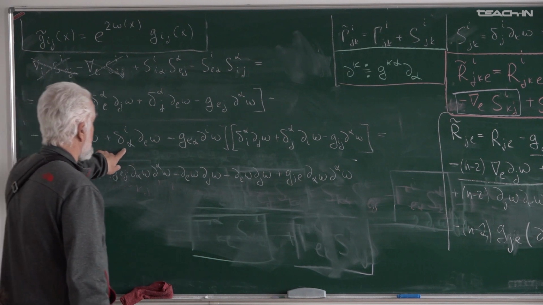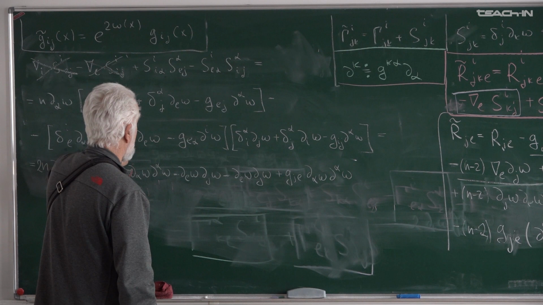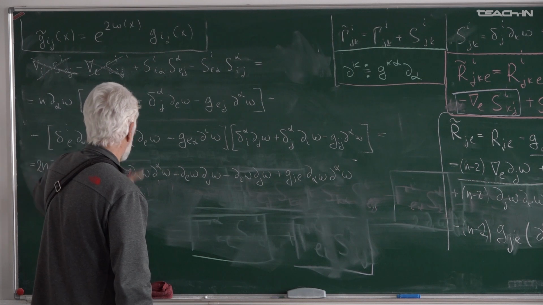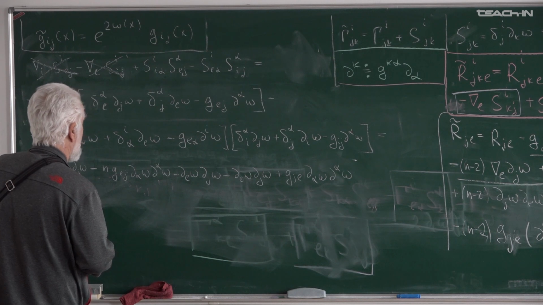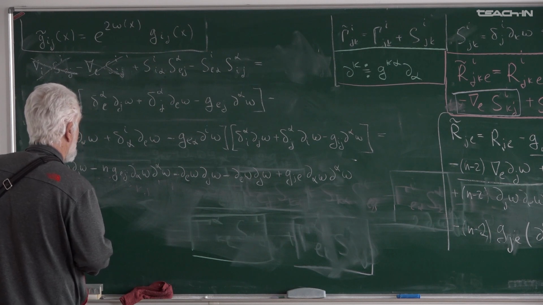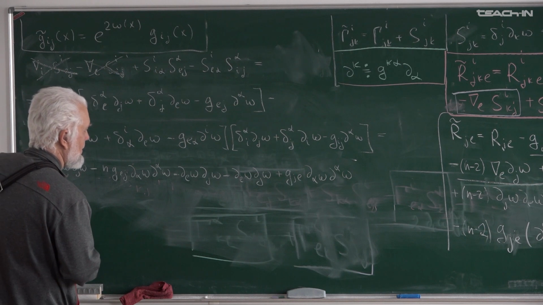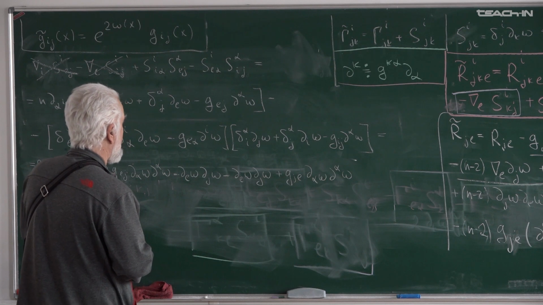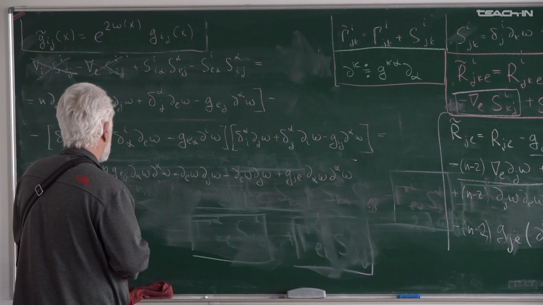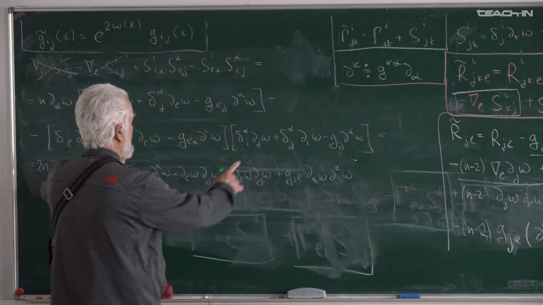Now, the next term. The alpha I, it will be n square. Sorry. It will be product n, you agree?